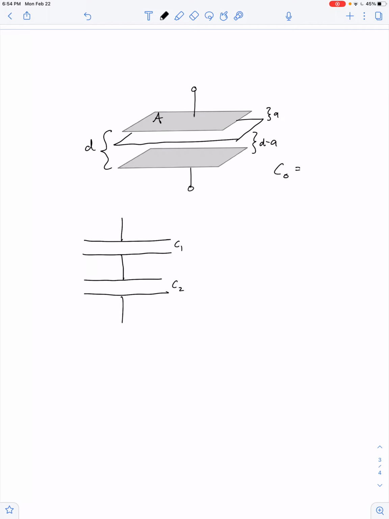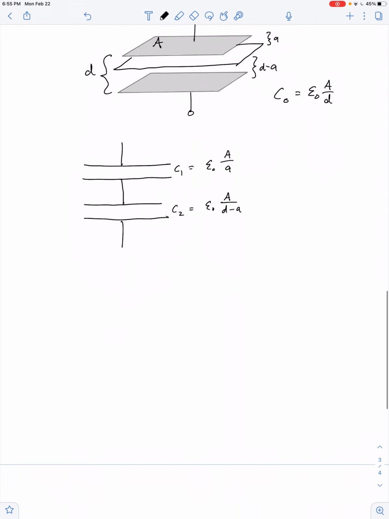The original capacitance we call C naught was epsilon A over d before the metal sheet was inserted. So capacitance number 1 would be epsilon naught times area over lowercase a, and capacitance number 2 would be epsilon naught times area over the quantity d minus a.